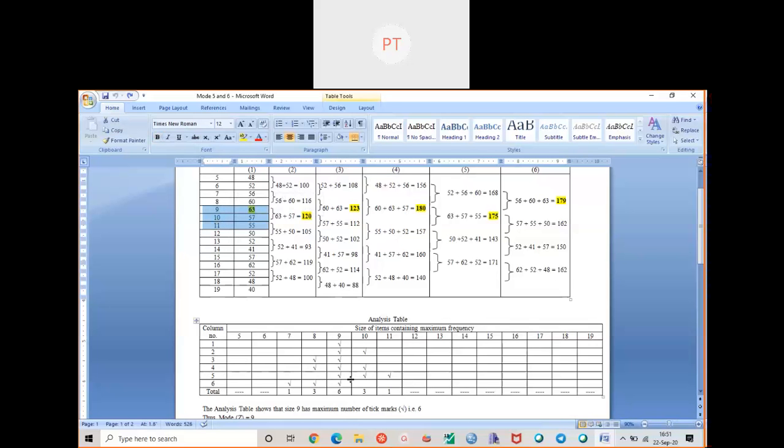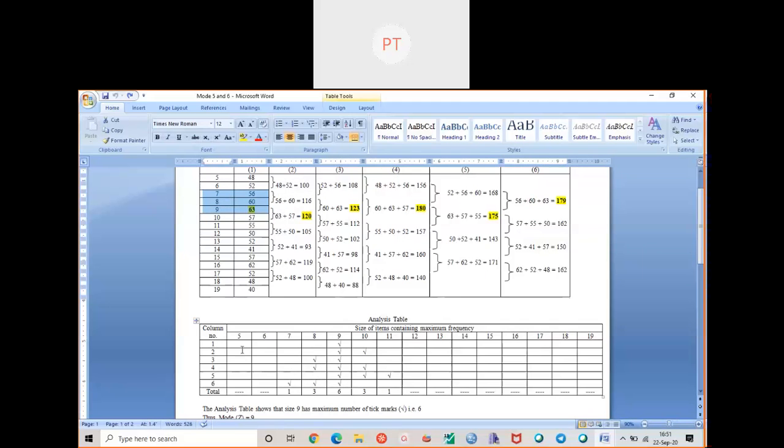So in column number 5 we will do the tick mark for 9, 10 and 11. And in the last column, column number 6, we have the maximum frequency for 56, 60 and 63. So these are 7, 8 and 9. For 7, 8 and 9 we will do the tick here.